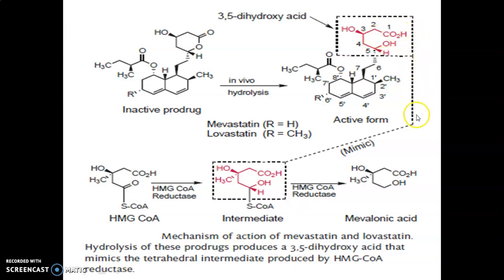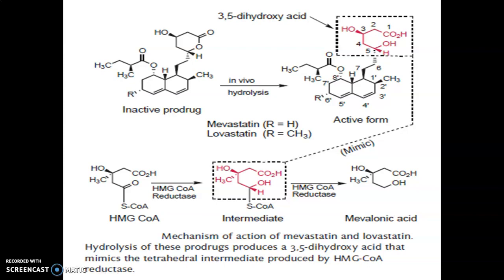After opening of the ring in the liver, this structure competitively inhibits the HMG-CoA reductase enzyme and stops the formation of mevalonic acid. This is the mechanism we have seen earlier.